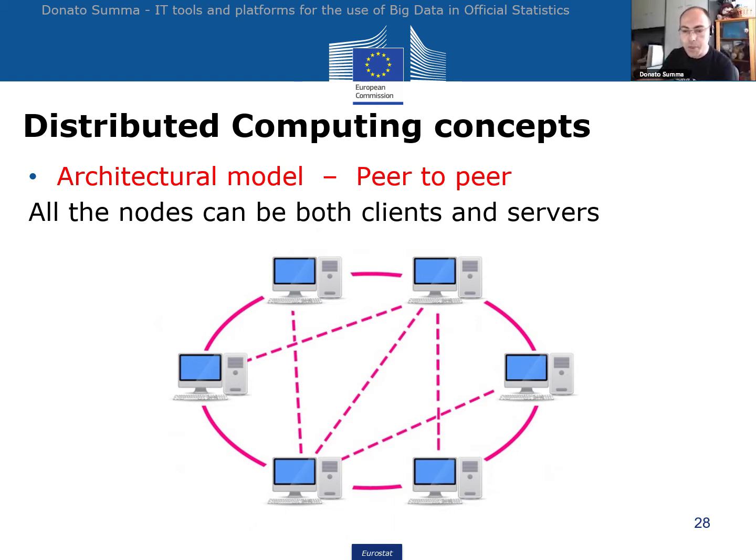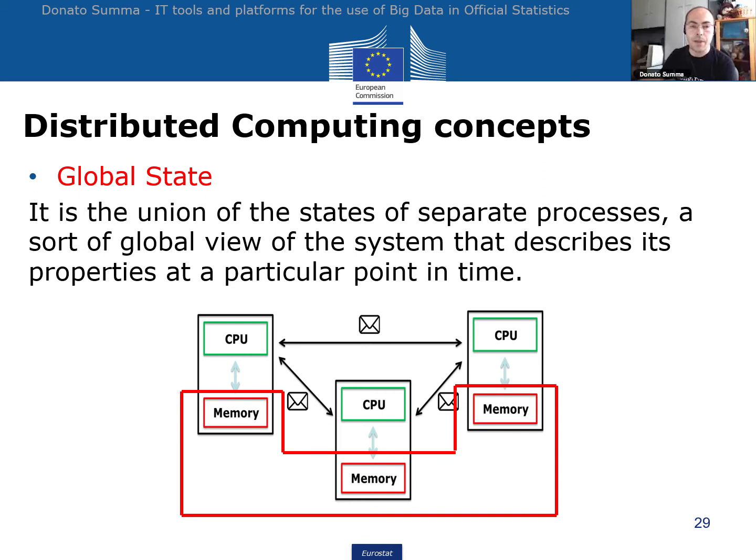Okay, it should be clear what a peer-to-peer architectural model is. So let's talk about another concept of distributed computing, the so-called global state. What's a global state? The global state is the union of the states of separate processes. So a global state is a sort of global view of the system that describes its properties at a particular point in time.